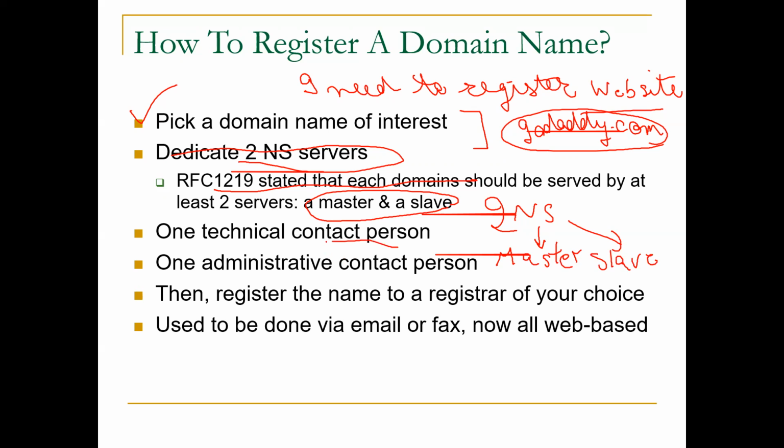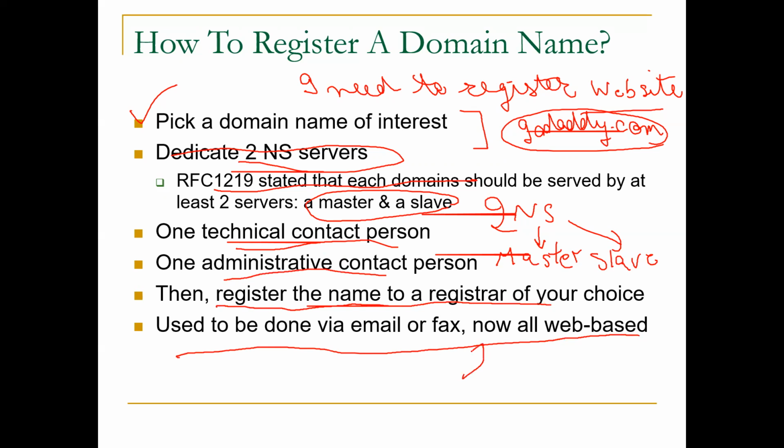They will also dedicate one technical contact person and one admin contact person who manages and is the admin of your domain. Then you register the name with the registrar of your choice. Previously it was done via email or fax, now it's all web based. This is how you register a domain name.